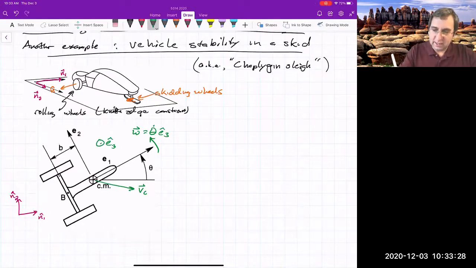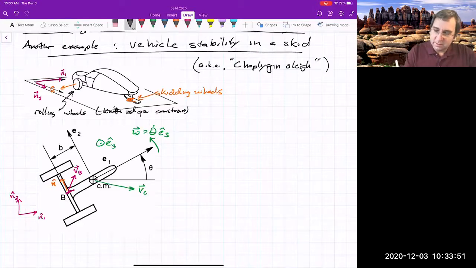The constraint back here at B, even though you've got two wheels, just consider the point B, which has a velocity. The unconstrained velocity of the point B would look something like that. But of course, there's no velocity allowed along the axis.